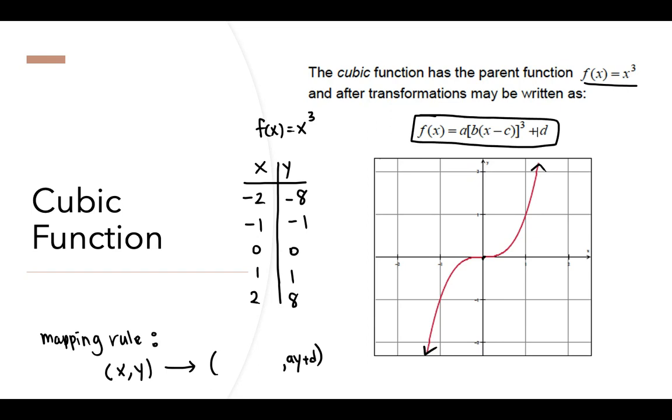And then for horizontal, you always think opposite when it's inside the function of cubic. So you're going to flip b, which is 1 over b, x, and then you're going to flip in terms of opposite sign, so it's going to be plus c. So that is the mapping rule that you have to remember in order to figure out a final transformed function from a parent function.